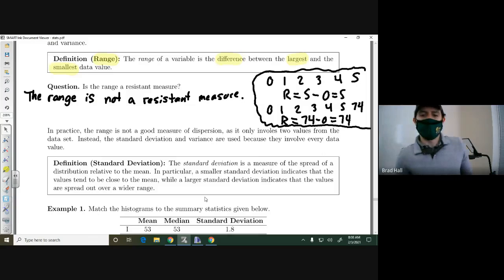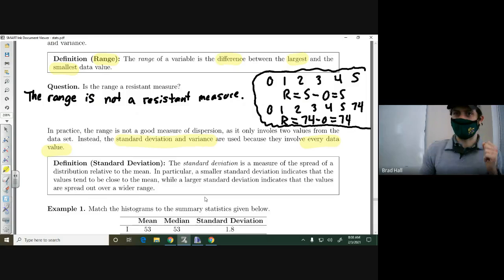The reason why those are better forms of dispersion is because they're based off of every data value.